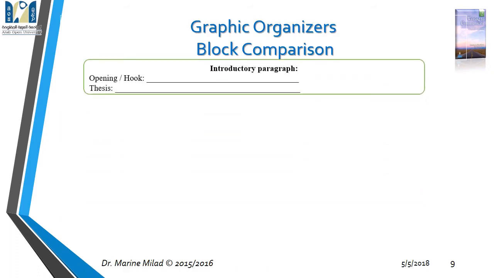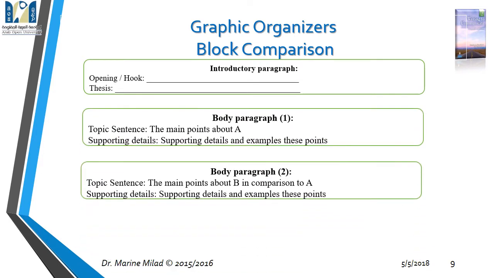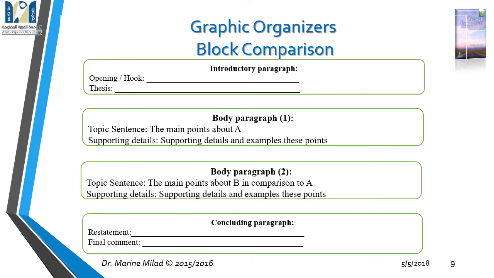Okay. Here is another graphic organizer. We call it a block comparison. Here's how you do it. You start for sure with your introduction, and don't forget your thesis, right? Now, in your body paragraph number 1, you start with your main points about A, right?